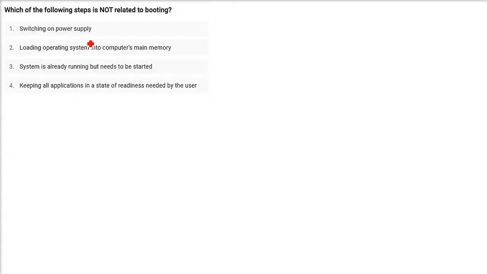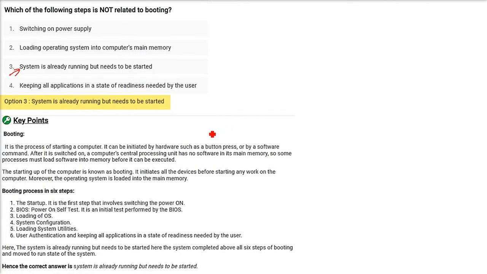Which of the following steps is not related to booting? Now this question I have just added here. A system is already running but needs to be started. This is not related to booting, because switching on the power supply is a part, loading the operating system into the computer's main memory is a part, and keeping all applications in a state of readiness needed by the user is also a part of booting.